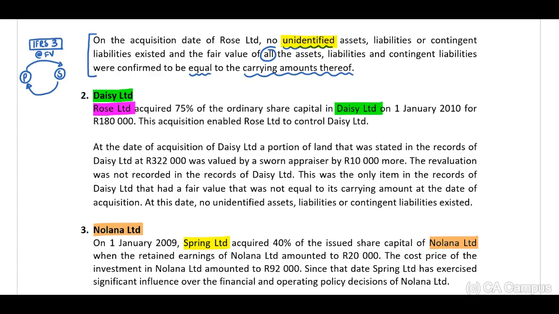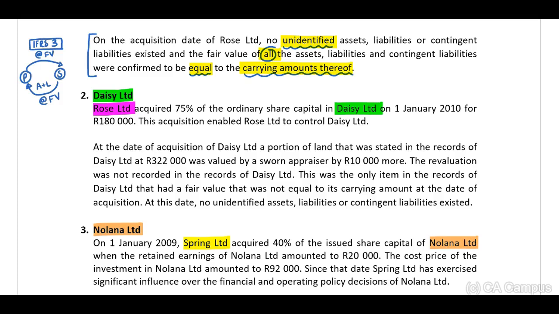All the identifiable assets and liabilities included in our group should be at fair value at acquisition date. Therefore, they indicate to us that there are no unidentified assets, liabilities, or contingent liabilities, and the fair value of all the assets, liabilities, and contingent liabilities were confirmed to be equal to the carrying amounts thereof.